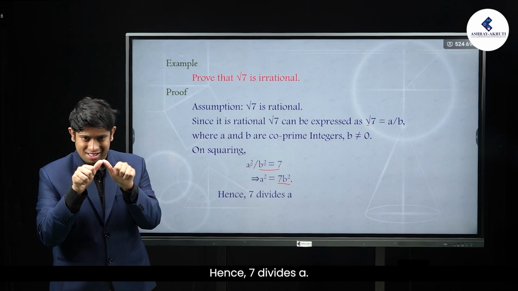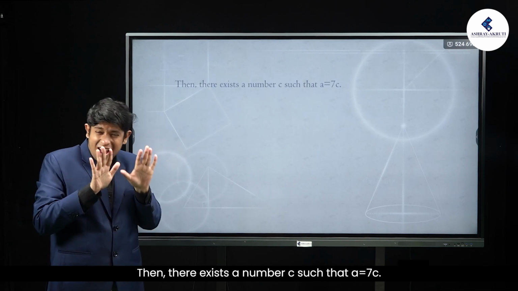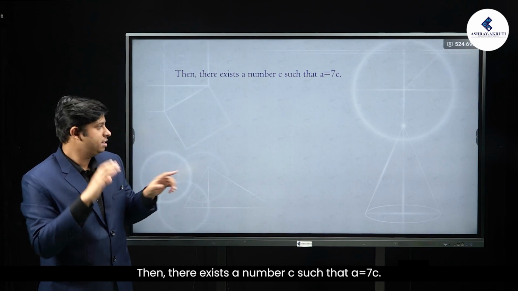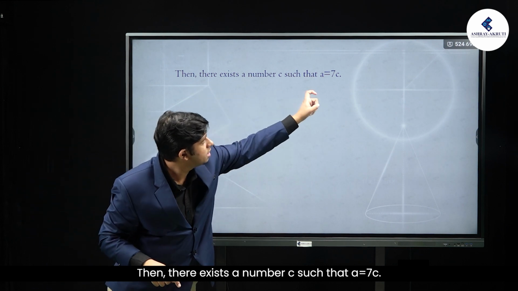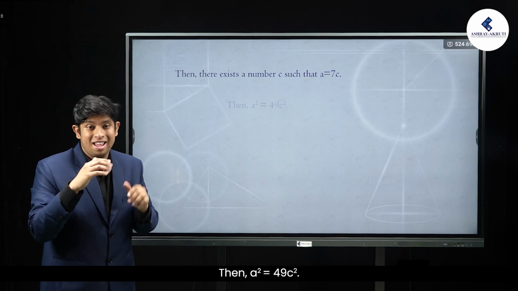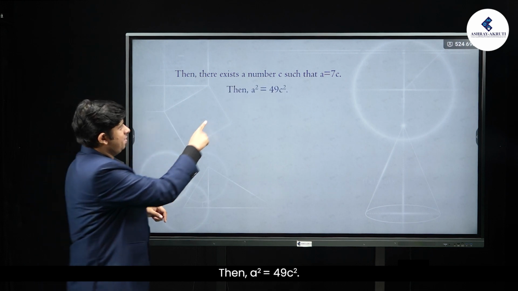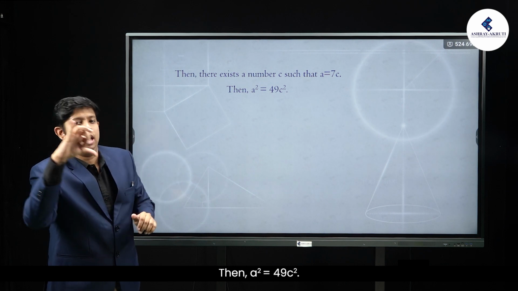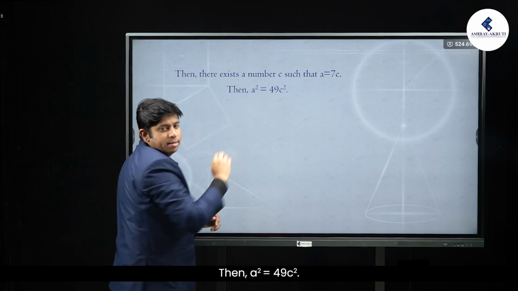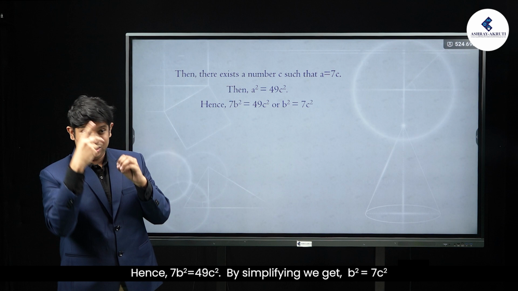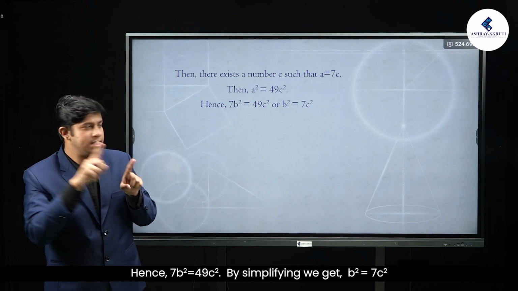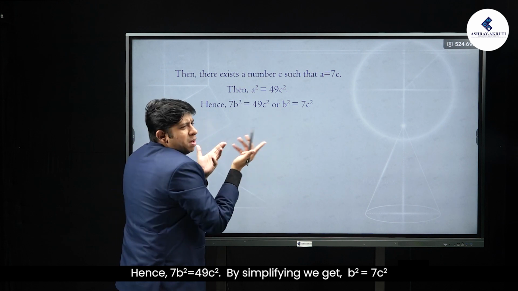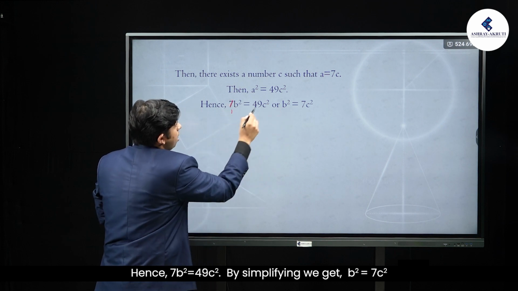Hence, 7 divides a. Then there exists a number c such that a is equal to 7c. Then a square is equal to 49c square. Hence, 7b square is equal to 49c square. By simplifying, we get b square is equal to 7c square.